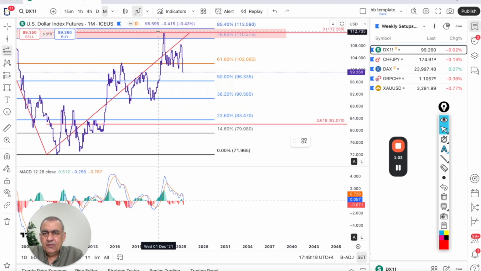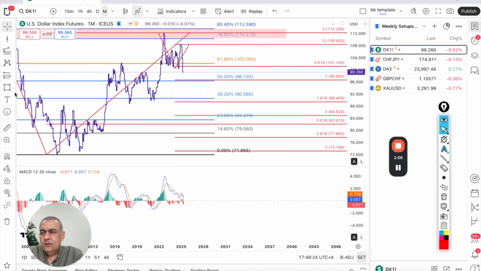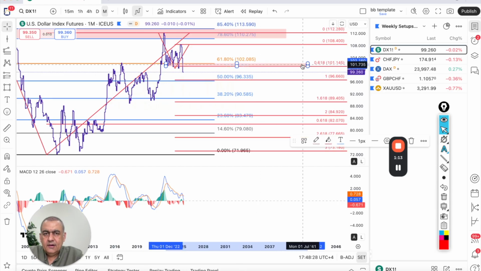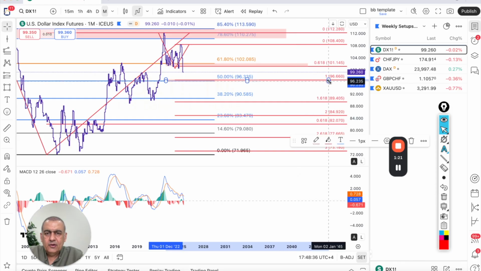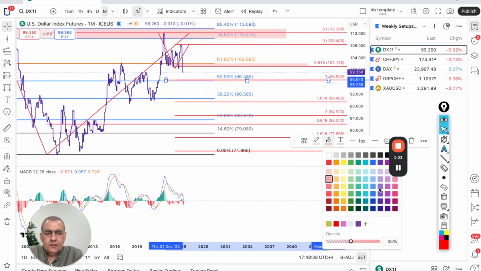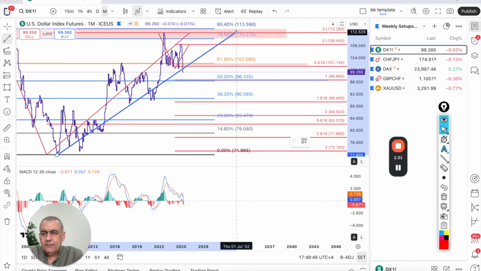So here we have A, B and C. So we are below this highlighted area. It's taken as magnet resistance, and the upcoming magnet support is 96.33 to 96.66. And in terms of trend line, it has already breached the rising trend line.